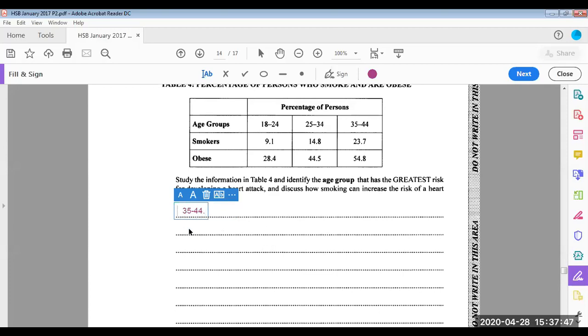And discuss how smoking can increase the risk of, right, so you have atherosclerosis and you have arteriosclerosis. So cigarette smoke contains nicotine.